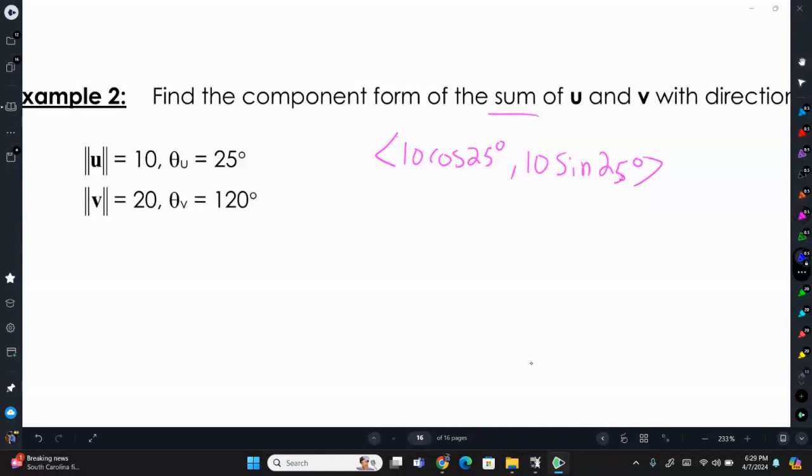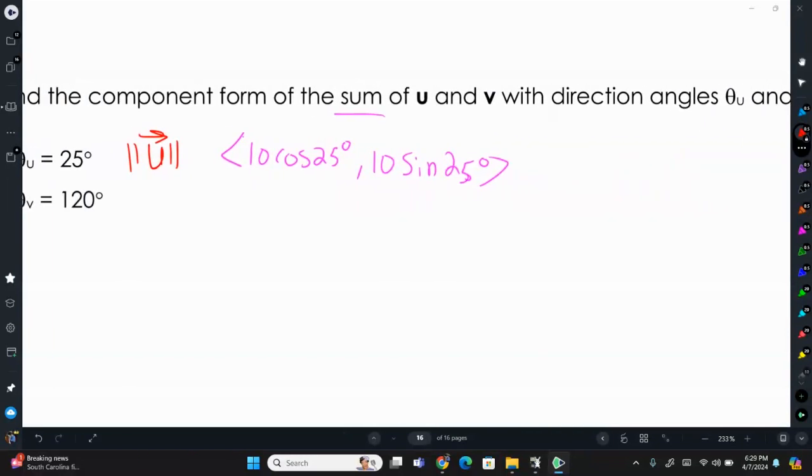That's vector u. And then vector v is going to be 20 times the cosine of 120 degrees, comma, 20 times the sine of 120 degrees.